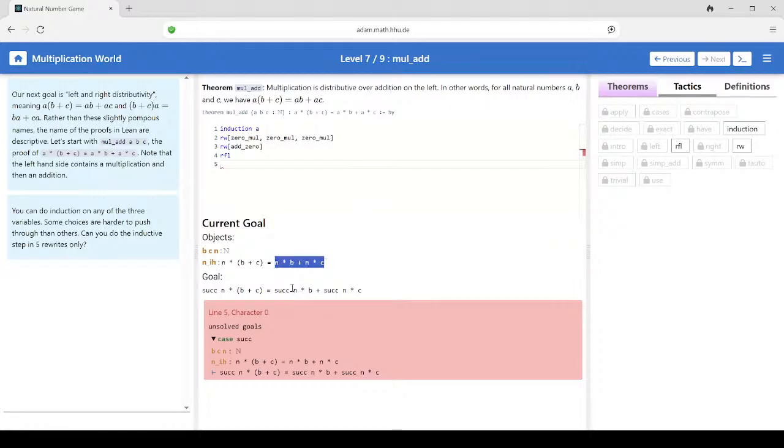Okay, this is nearly this, except that we have the successor of n instead of n. And same thing here. I could run this to turn this into this. Except that this is successor n instead of n. So all I need to do is somehow turn all of these successor n's into n's.